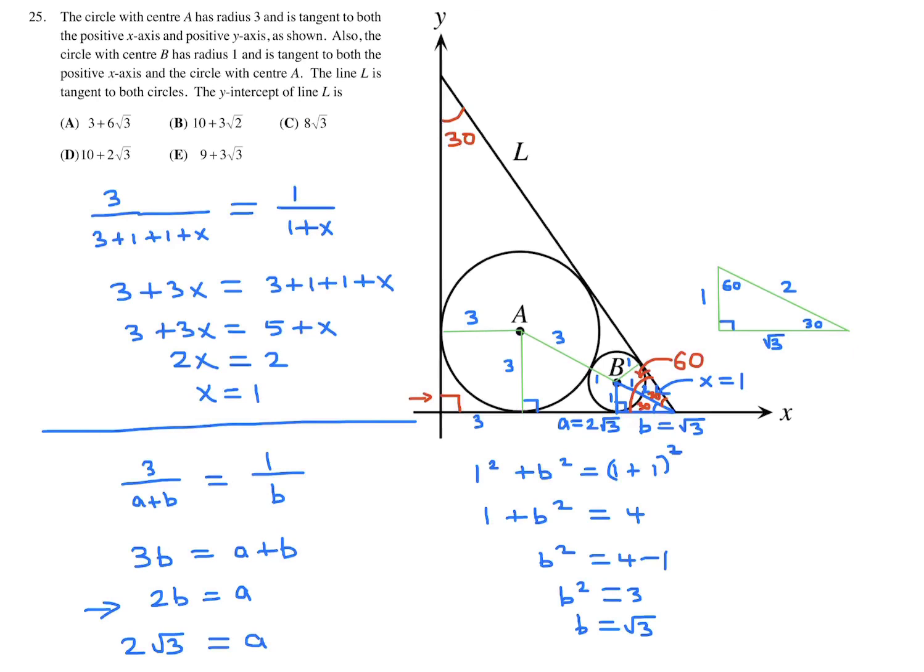So, what do we want to figure out in our question? We want to figure out the y-intercept of line L. So right here, this is the point. It's a y-intercept, so it will be of the form (0, y). And y basically represents the distance all the way down to the origin like that. So that is y.